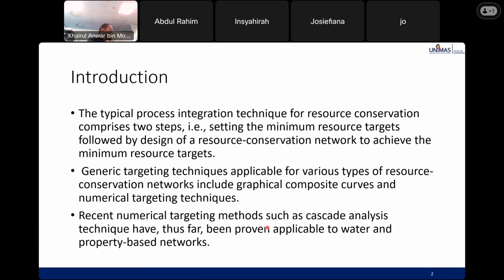This numerical targeting method is cascade analysis. We have three methods: limiting composite curve, sourcing system, and cascade analysis.